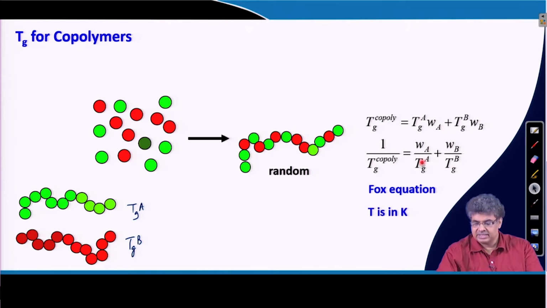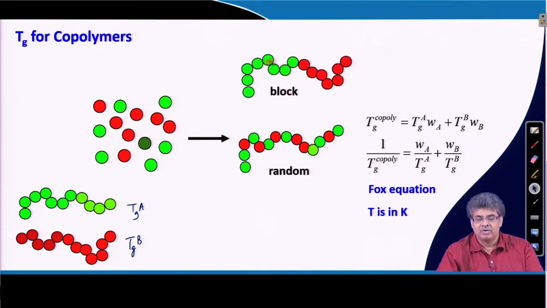Remember, in this case we need to express the temperature always in Kelvin, not in centigrade or Fahrenheit. It has to be always expressed in Kelvin. Now, this is about random copolymer.